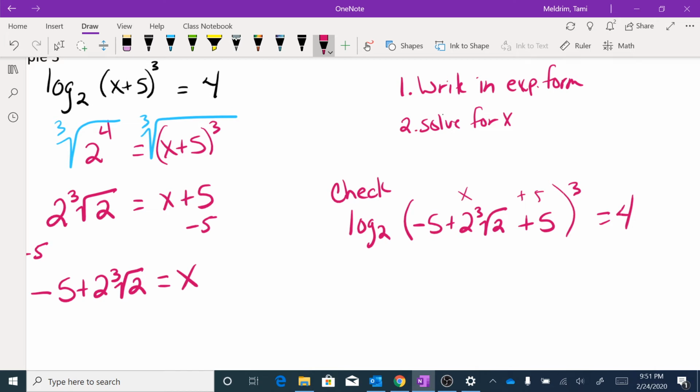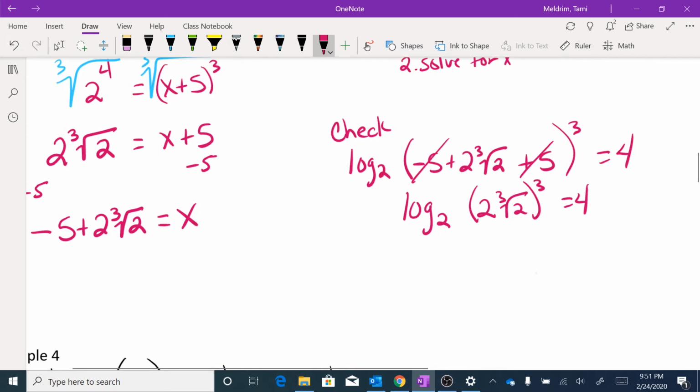Well, inside my parentheses, I do have some things I can take care of. My negative 5 and plus 5 cancel out. So I am left with log base 2 of 2 times the cube root of 2, cubed, equals 4. So let's cube what's inside the parentheses. 2 cubed is 8. The cube root of 2 cubed is just times 2.